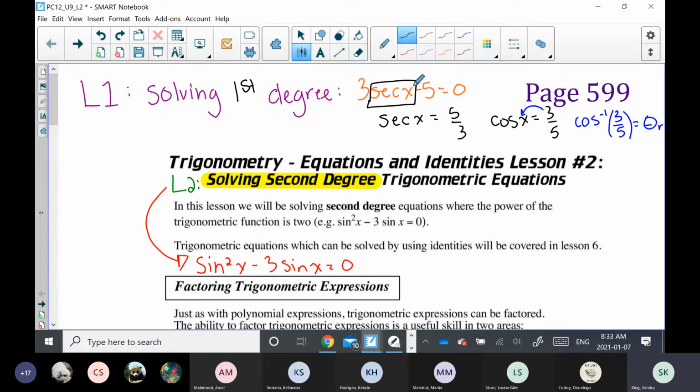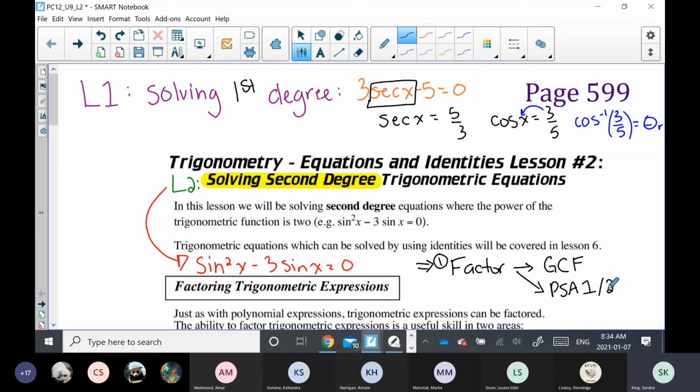Now from 10C and 20-1, when you had a squared, what we had to do to get zeros is we had to factor. So today's lesson, before we solve, we're going to first have to factor. And the methods of factoring that we learned from 10C, they are GCF, PSA 1 or 2.